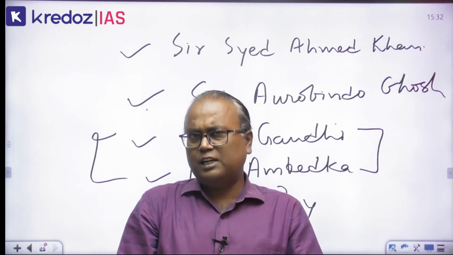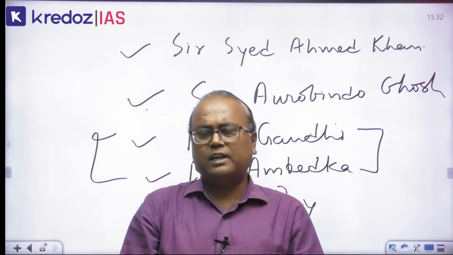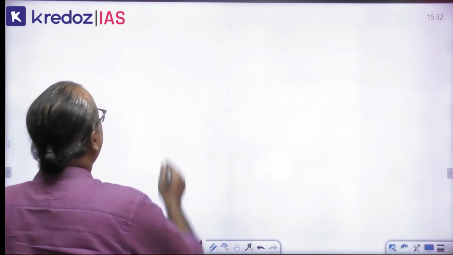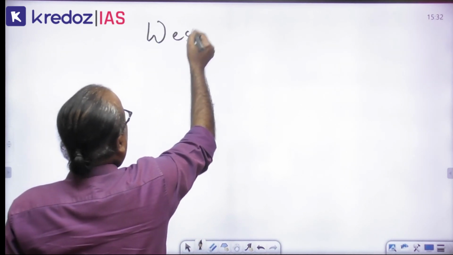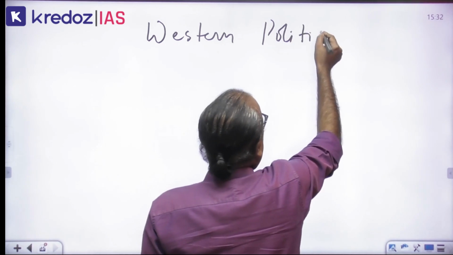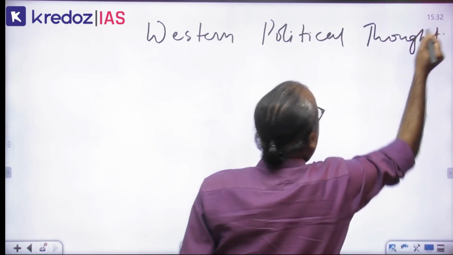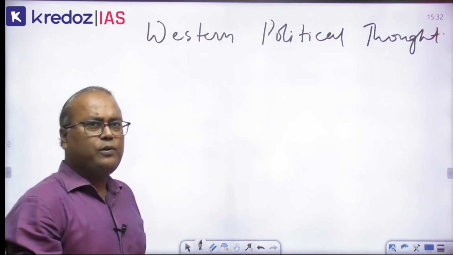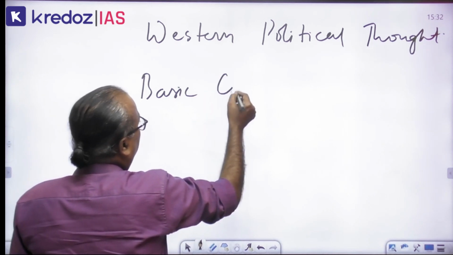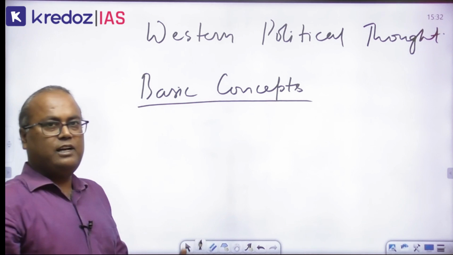Okay, once we finish ancient Indian political thought and modern Indian political thought, then we will go for Western political thought. You have to understand at first the basic concepts here. So what are the basic concepts we are looking for?